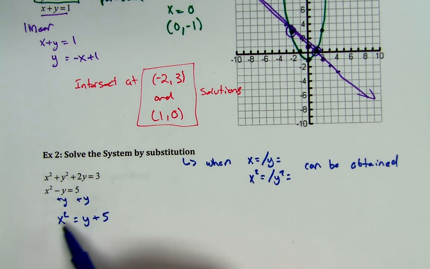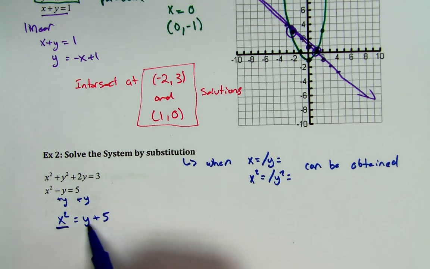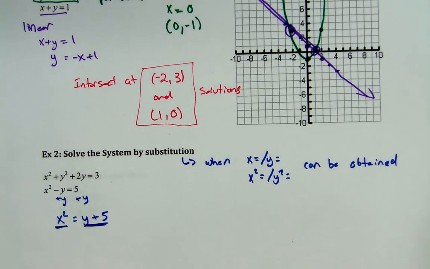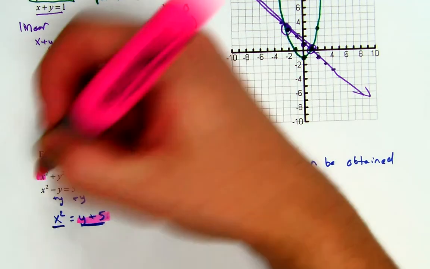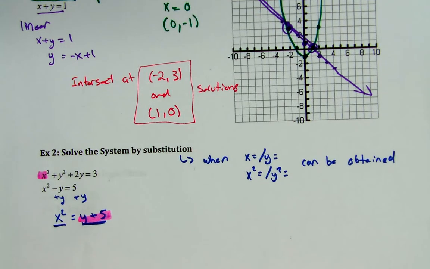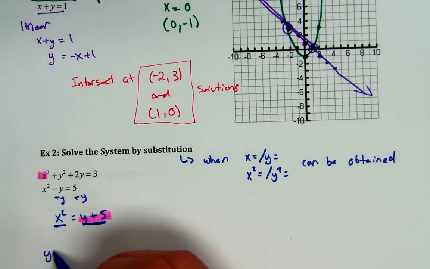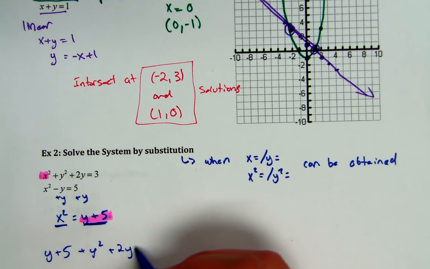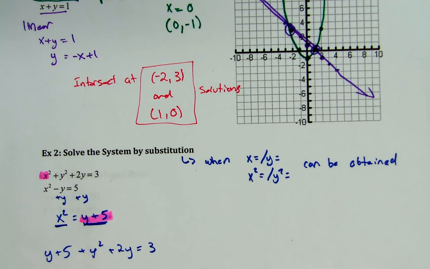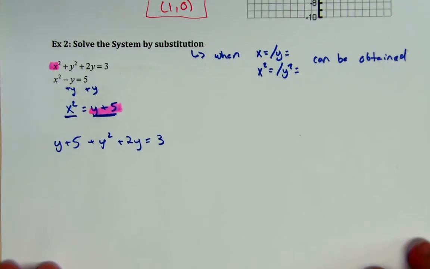If x squared equals y plus 5, I want to take y plus 5 and put it in for x squared in the original equation, the first one. So then I have y plus 5 plus y squared plus 2y equals 3. Now I can combine and solve this.